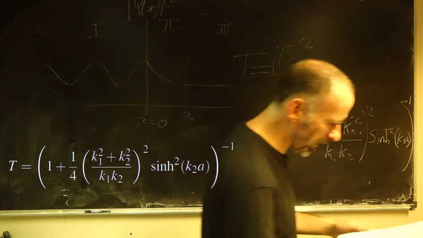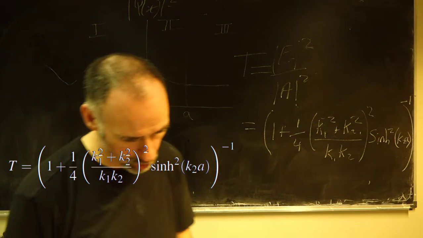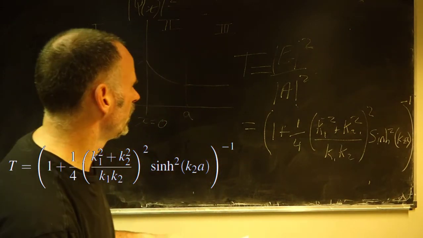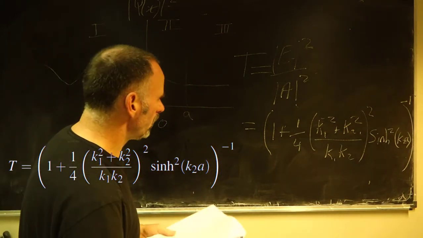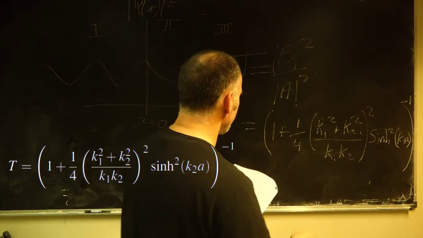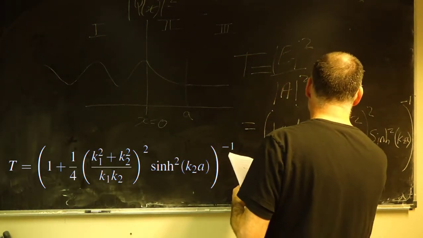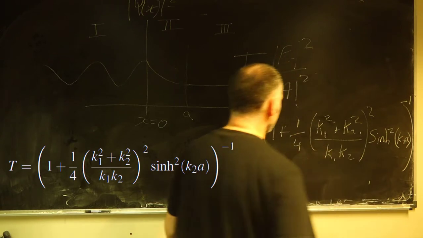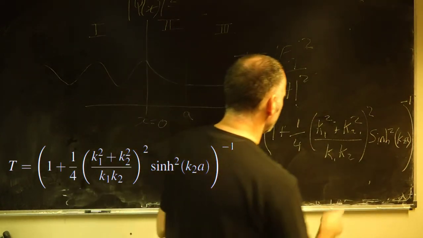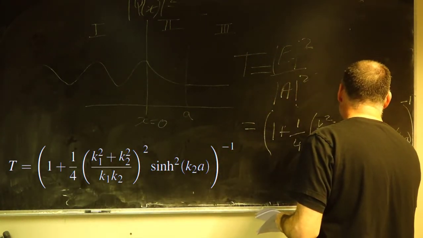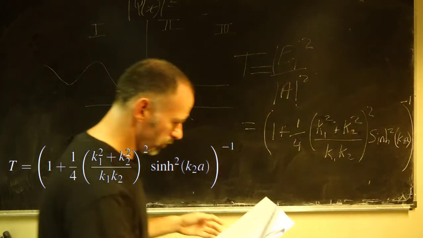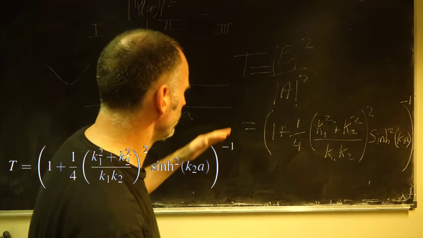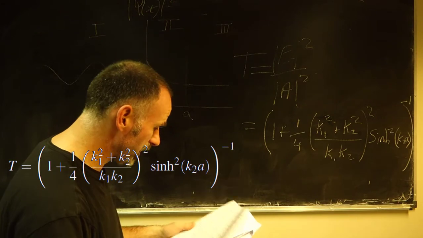So this is equation 5.4.3 in the notes. Right, where that's meant to be, I don't know why that says minus 2, that's meant to be squared. Okay. k1 squared plus k2 squared over k1 k2 squared, all squared.